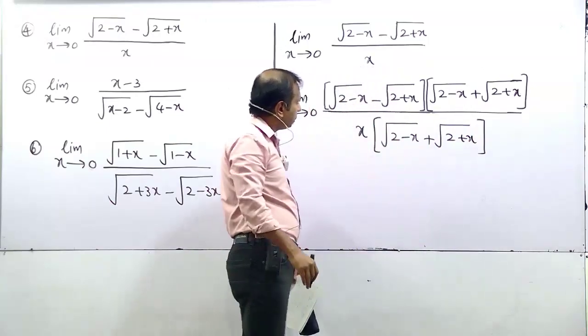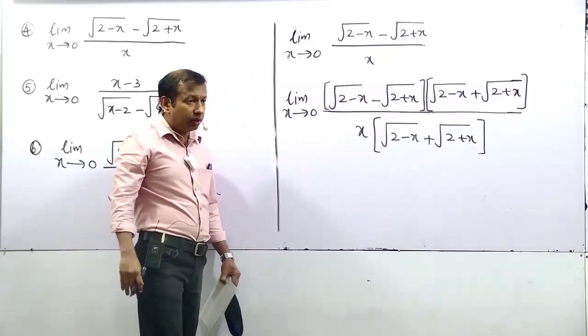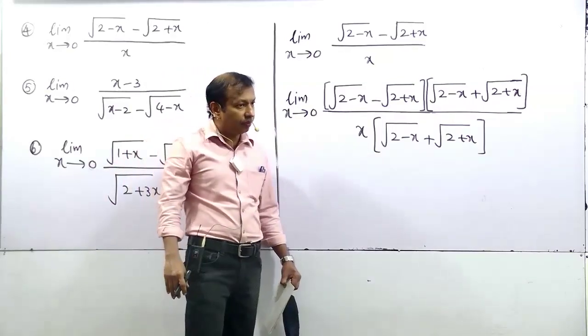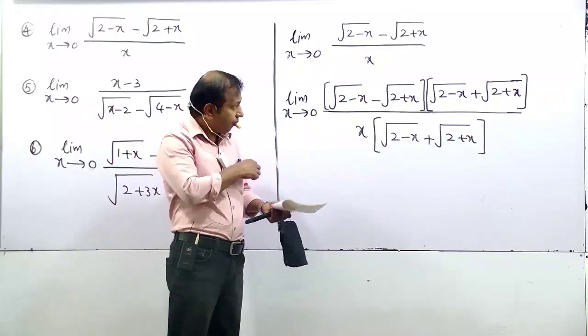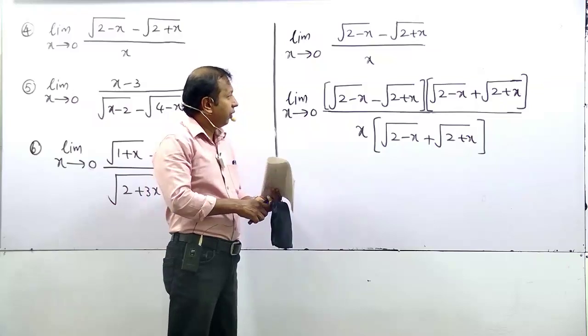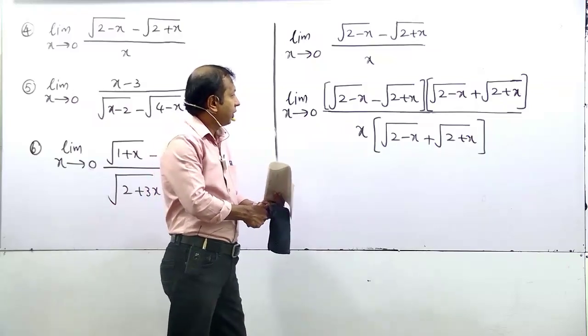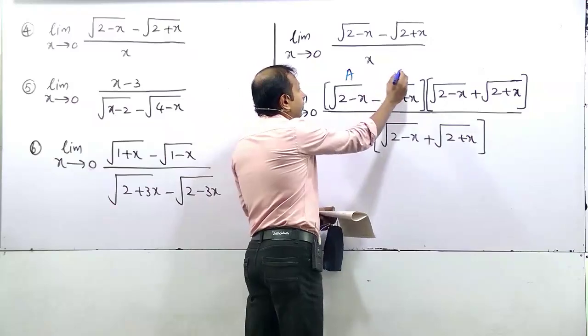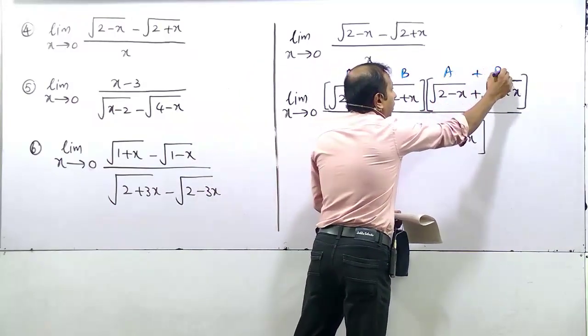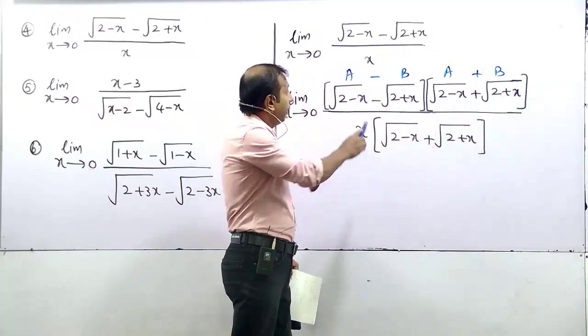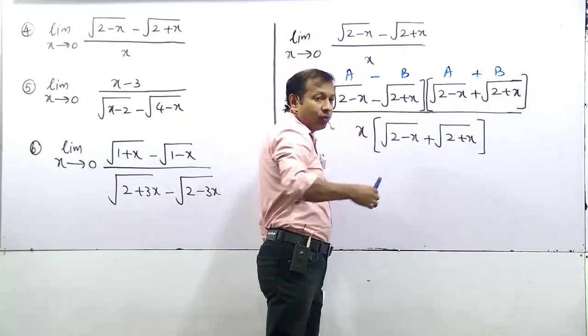Like this. Now people, the numerator, it is now what form? Yes. If you take this as A, this as B, here we have A minus B, here we have A plus B. A minus B into A plus B, what do we get?